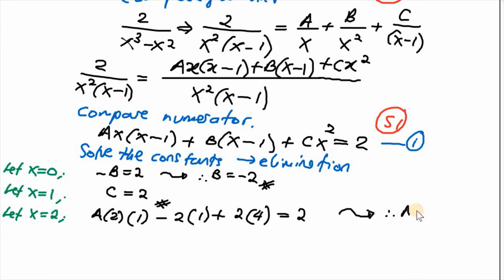If my calculation is correct, I got a as negative 2, right? So this is a. This minus 2 is 6. 2 minus 6 is negative 4. Negative 4 divided by 2 is negative 2, correct?